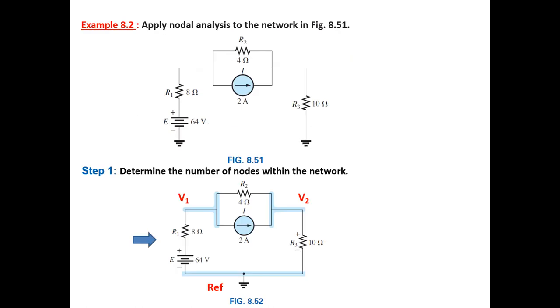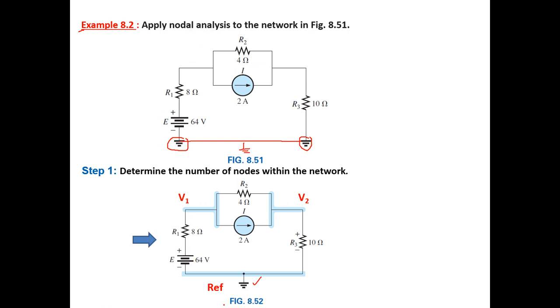Then you have to solve your equations. Let's see now another example, which is example 8.2. He said apply nodal analysis to the network in figure 8.51. When I check the circuit, you can notice here this is ground and this is ground. So it's nothing, guys, it's only like they are connected to each other through the ground, as is clear here.